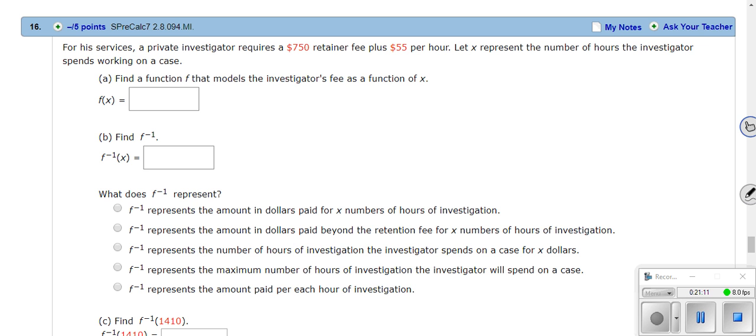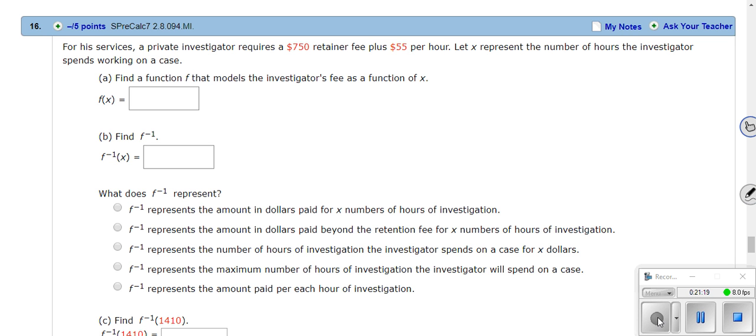For his services, a private investigator requires a $750 retainer fee plus $55 per hour. Let x represent the number of hours the investigator spends working on a case. First of all, anytime I'm doing word problem type stuff with cost, I always think in my mind that total cost equals fixed cost plus variable cost.